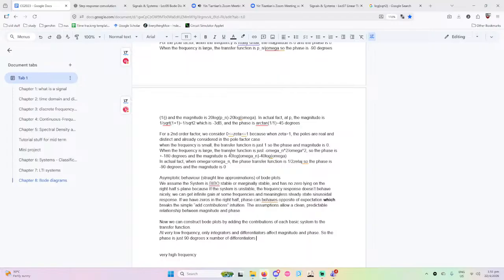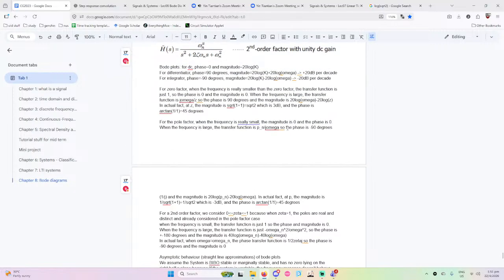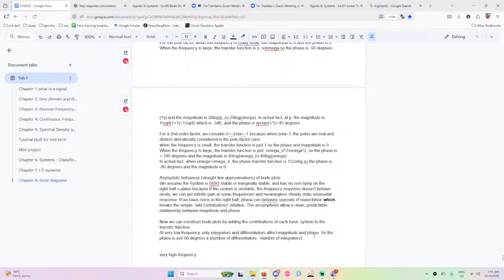And then for the last case, when omega is much larger than omega n, the denominator can be approximated by the first term here, so that the frequency response can be approximated as omega n squared divided by minus omega squared. So the slope of it is equal to minus 40, and the phase of it is equal to minus 180 degrees. So in this case, we need to consider 5 cases from case 2 to case 6.